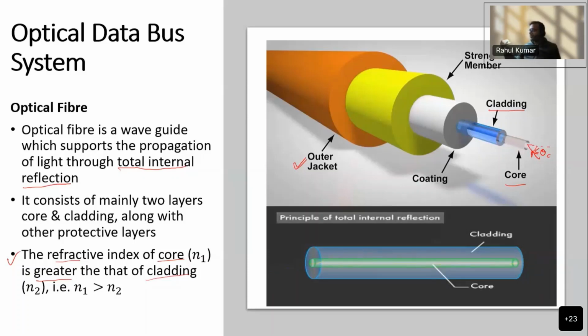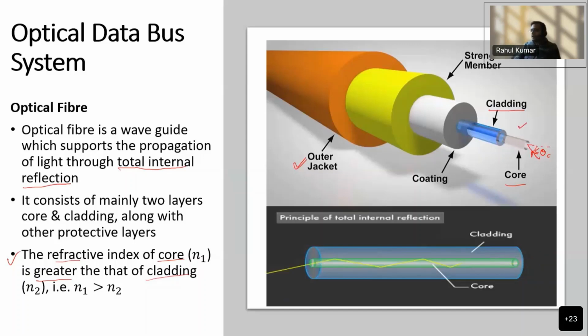For total internal reflection, you need two things. The refractive index of medium 1 should be greater than the refractive index of the second medium, and the angle of incidence of the light should be greater than the critical angle. Both these things are maintained in this optical fiber.